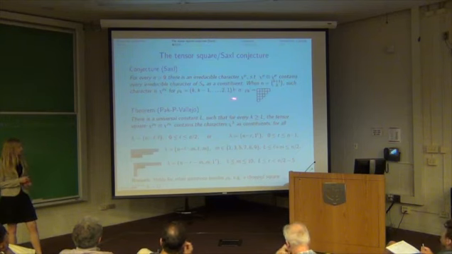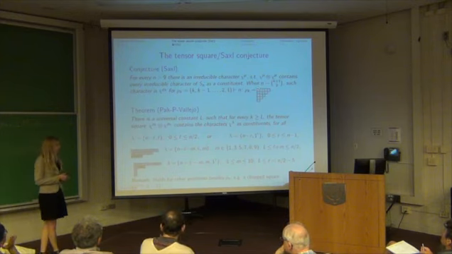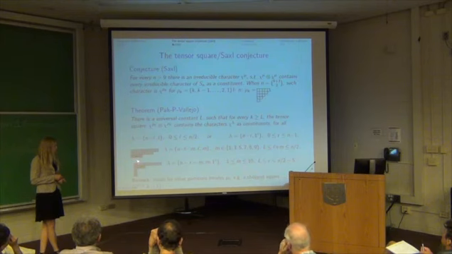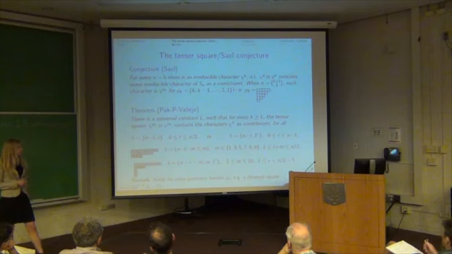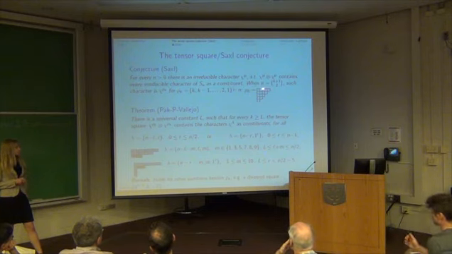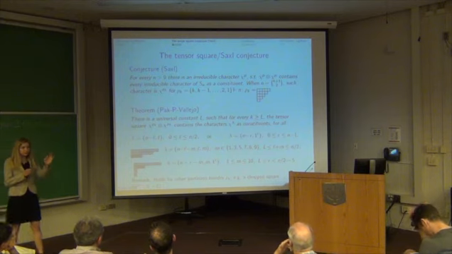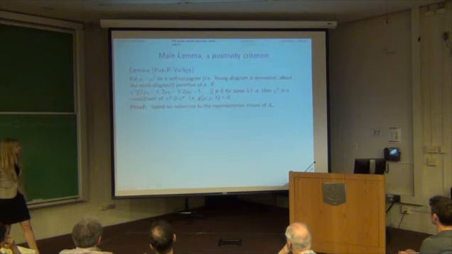Basically, if we take the tensor square of these partitions, for any large enough k, it is going to contain all partitions which look like that: two rows and a finite number of boxes on the bottom, or hooks of any length and a finite number of boxes in this part here. As I mentioned, this holds not only for this partition, but also if we take a square without its bottom right corner, which is also self-conjugate and has large enough dimension.